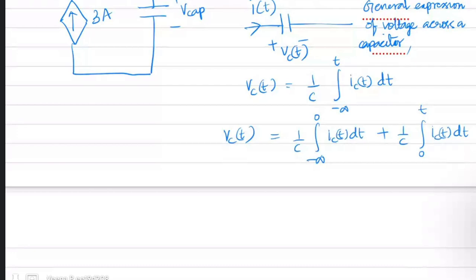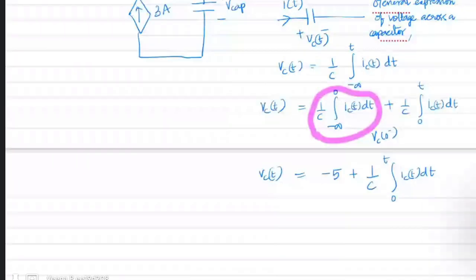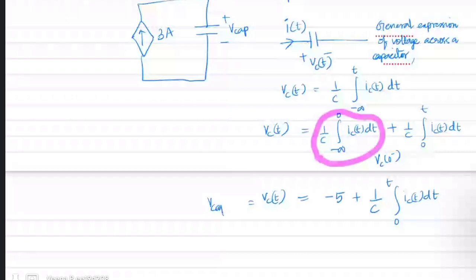So this constitutes your initial voltage of the system. Now this is already given. This is minus 5 plus 1 by c integral 0 to t Ic of t dt. So this is the capacitor voltage expression. This is nothing but V cap of t. So your current is entering this side, which is positive. That is why this becomes the general expression of your capacitor voltage in the given question.